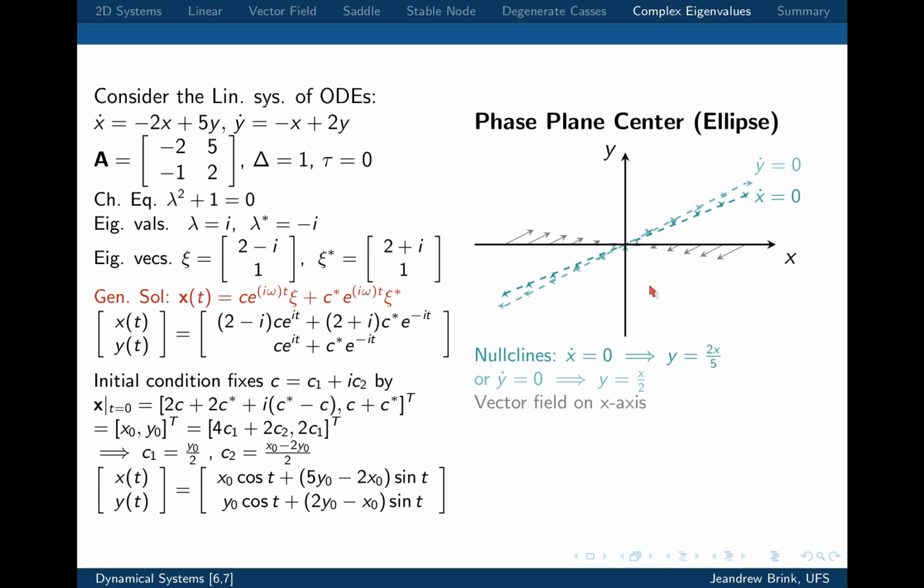So I draw that in. I draw in the arrows on the y-axis, and then, because I know there's no trace, I'm basically going to have the circles closing in on each other.